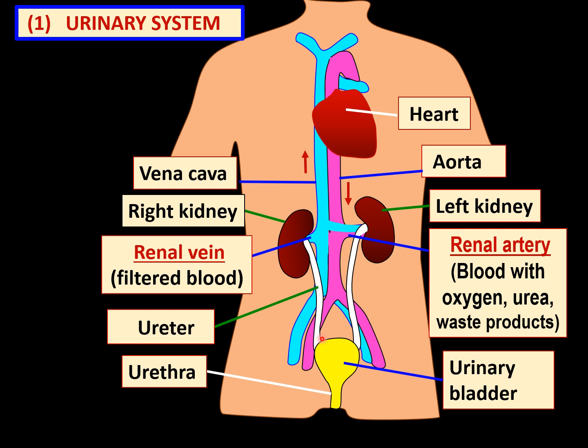Ureter carries the urine to the urinary bladder to be stored, and then the urethra will carry the urine from the urinary bladder out of the body during the excretion of the urine. Take note, this is ureter. The first tube, upper tube is ureter, and the lower one is urethra. So just remember E first before the H here.